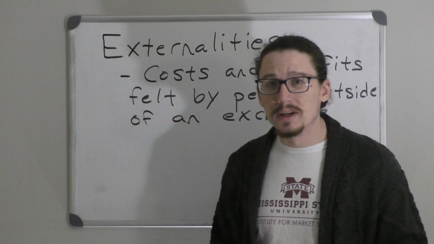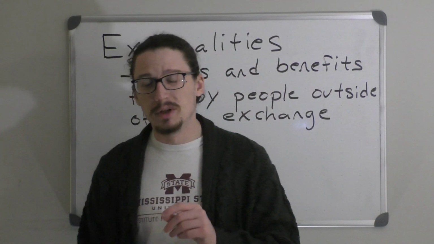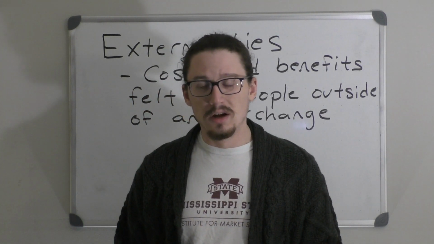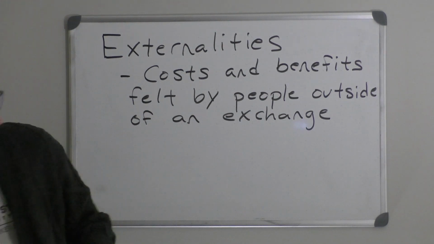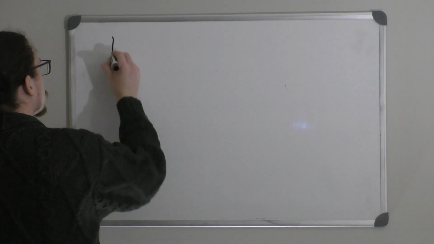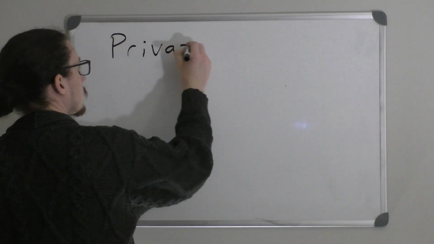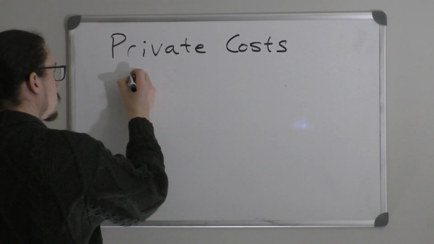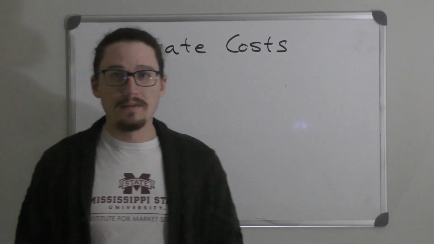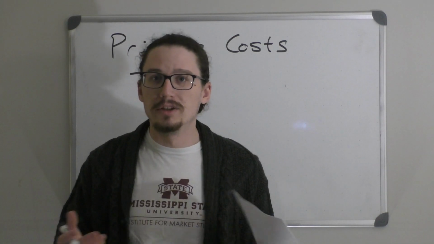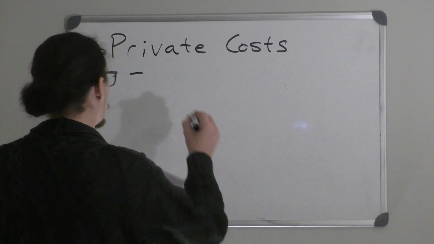The reason for this is the difference between private costs and social costs. Private costs are costs paid for by consumers and producers.